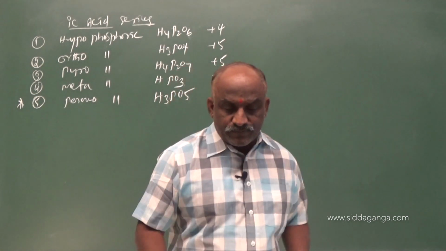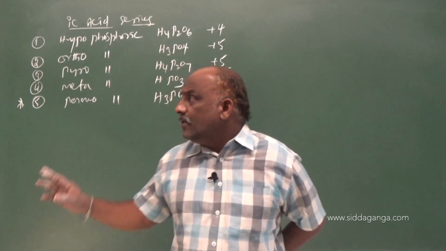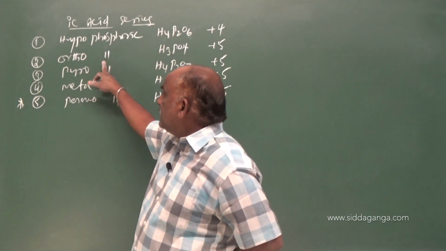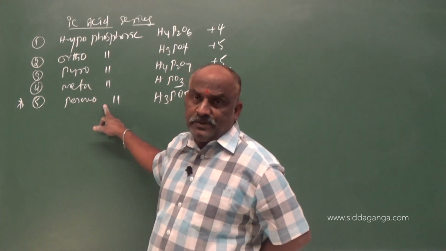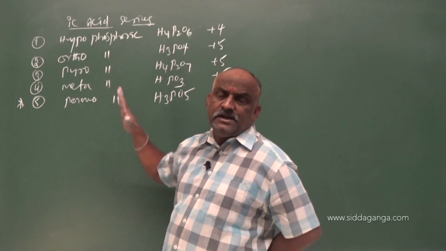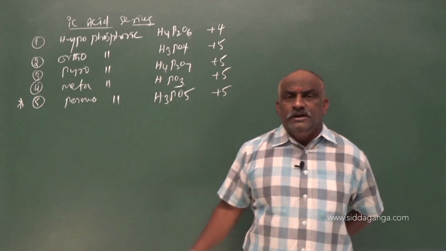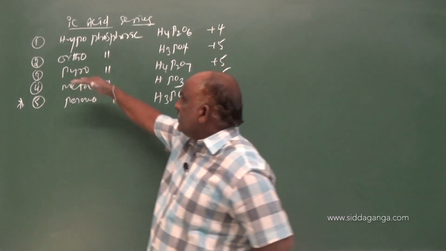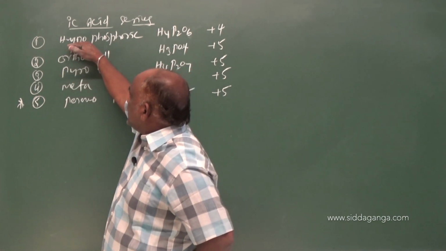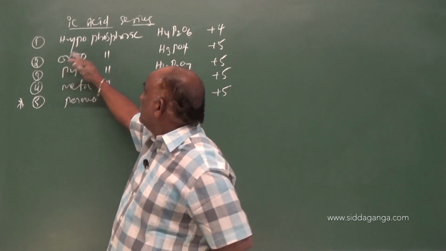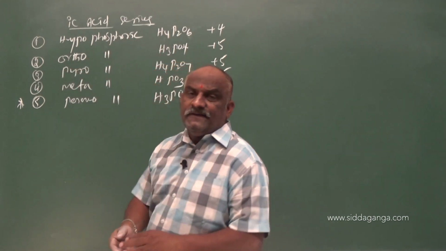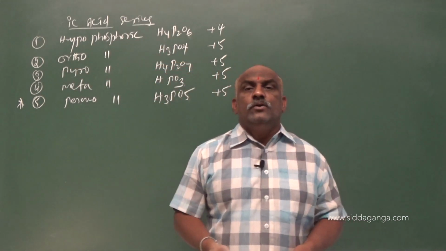So here hypophosphoric, orthophosphoric, pyrophosphoric, metaphosphoric, peroxophosphoric: these 5 examples belong to the ic acid series. The starting 3, hypophosphorus, orthophosphorus, pyrophosphorus, are H3PO2, H3PO3, H4P2O5.